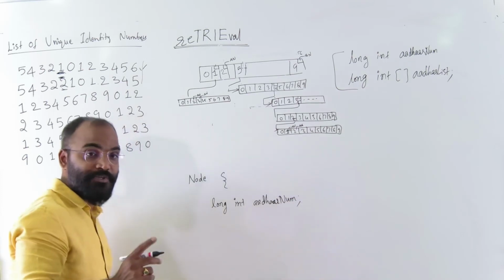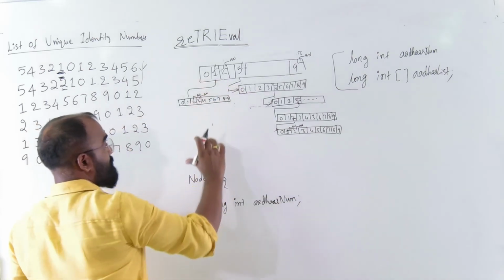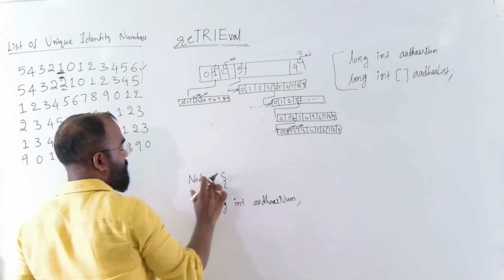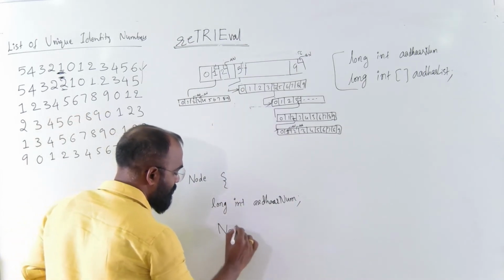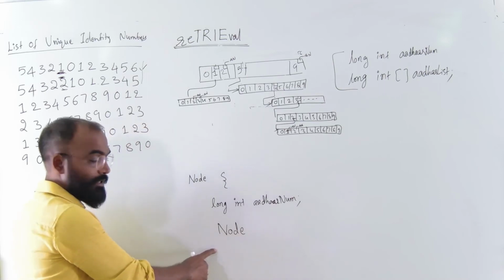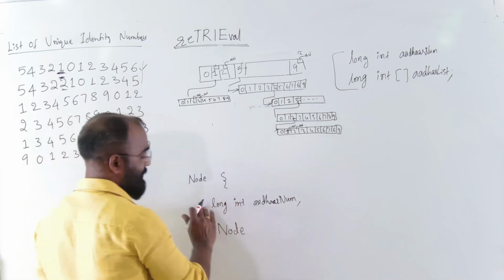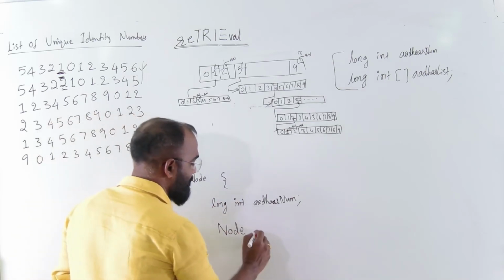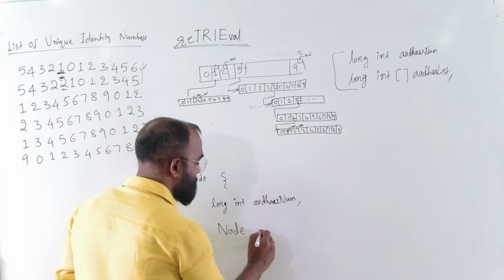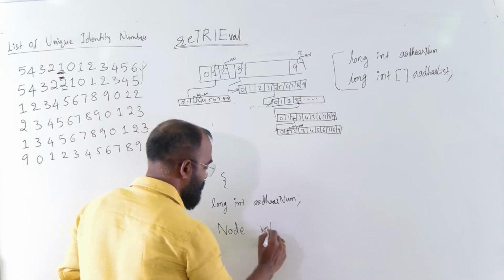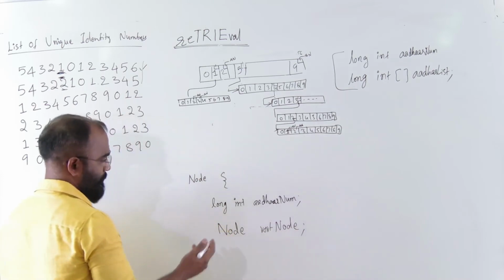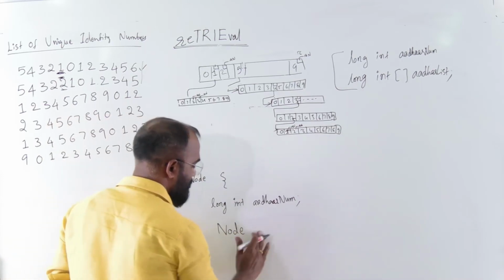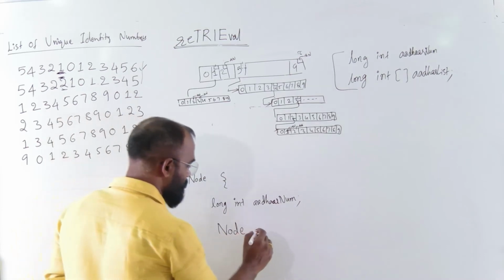And then what else do you need? You need another structure of node type. So therefore you have a node referencing itself. Let's call this the root node, or simply let's call this node.